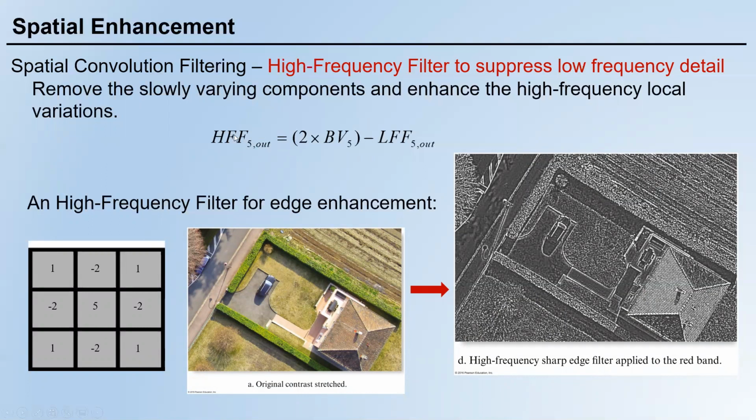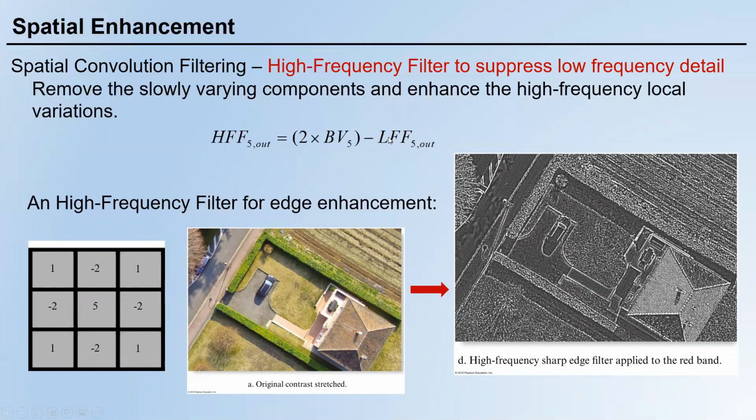This is actually a transformation from low frequency filter to high frequency filter. Okay, if we are using this 3x3 window, which is pixel 5? Pixel 5 is the central pixel. It means that if you have done low frequency filtering to the whole image, to a whole remote sensing image, right? And the output for each pixel can be addressed by this LFF5. It is 5 because it's the central pixel.